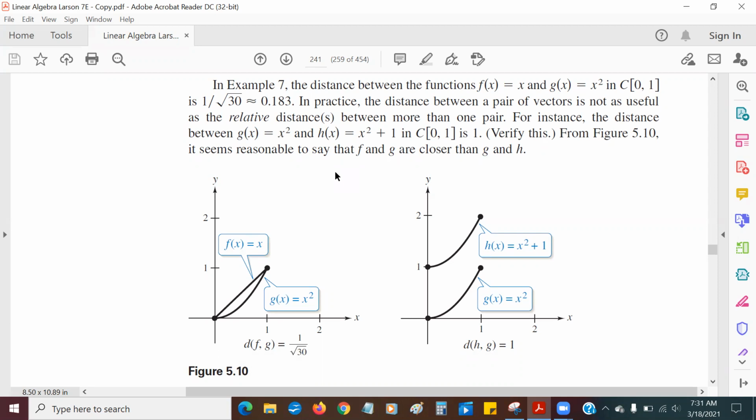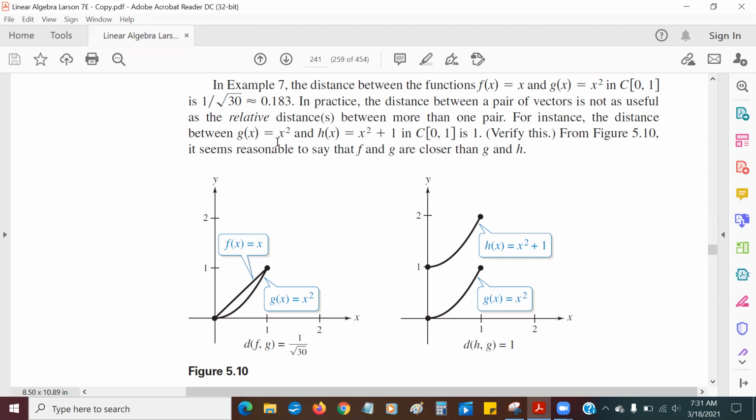But relative distance makes a difference. For example, here we compared g of x equals x squared with f, and we got 1 over rad 30, which is 0.183.